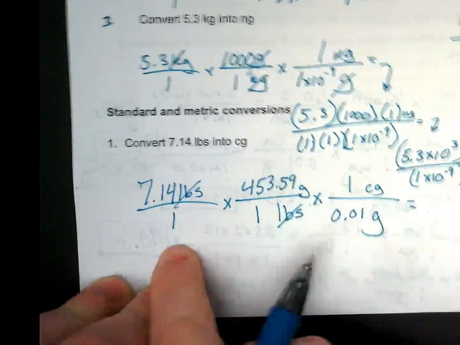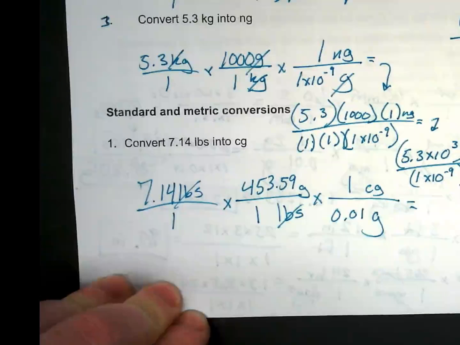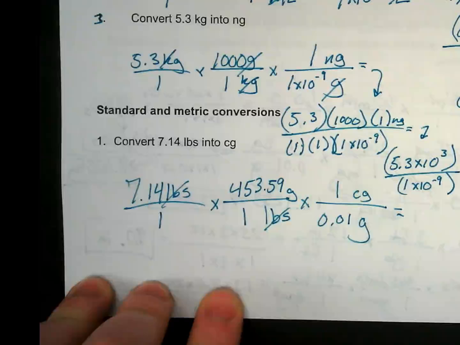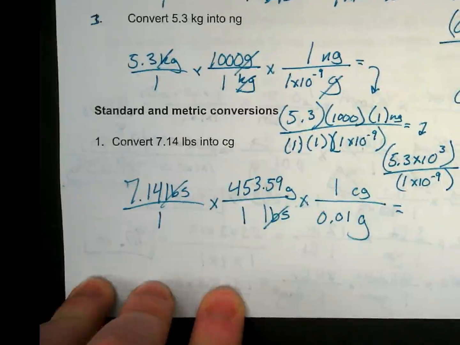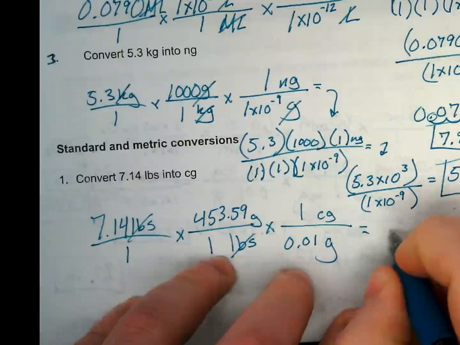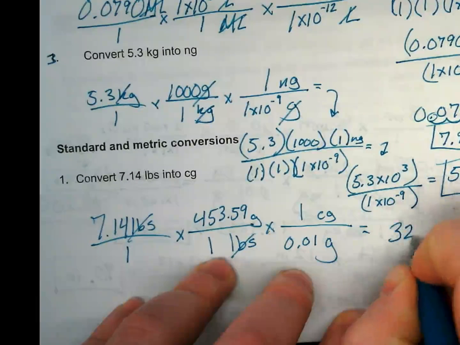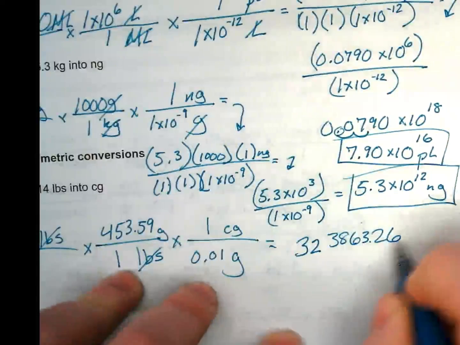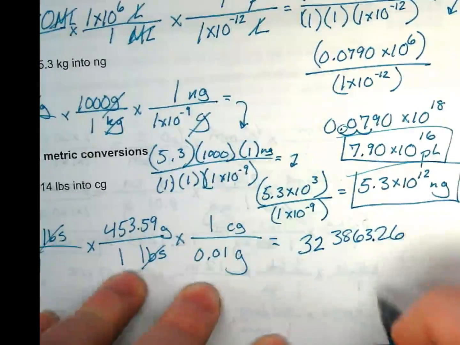Multiply across the top, multiply across the bottom, and then divide top by bottom. So 7.14 times 453.59 divided by 0.01. That's going to be 323,863.26 is what our calculator will spit out at us.